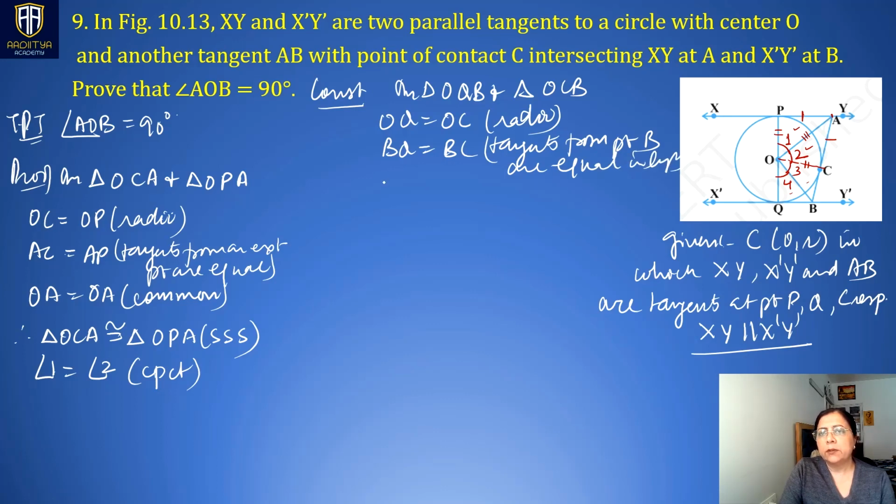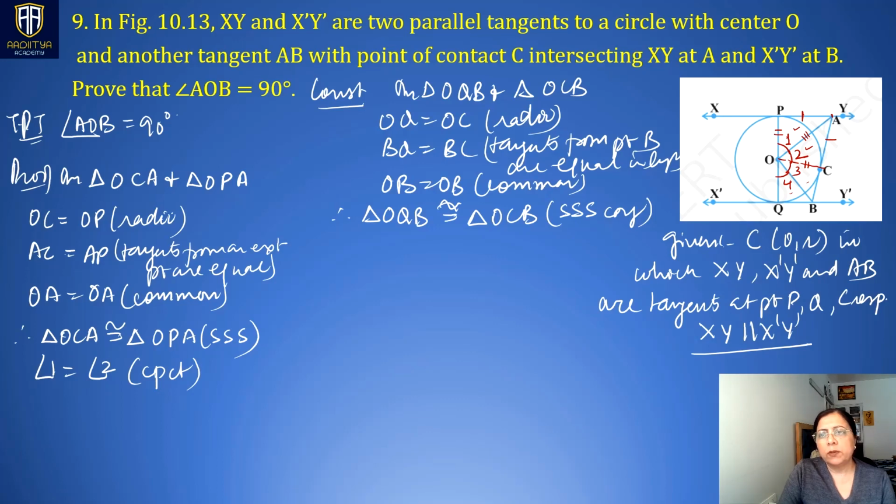And the third thing is OB is equal to OB, which is common. So we have these two triangles congruent. Be careful about the order of the names of the triangles: triangle OQB is congruent to triangle OCB, and this is also by SSS congruence. After proving them congruent, we get angle 3 equal to angle 4 by CPCT, corresponding parts of congruent triangles.